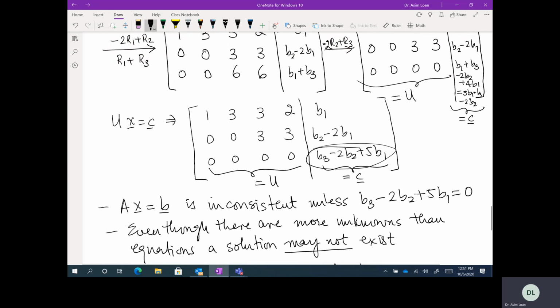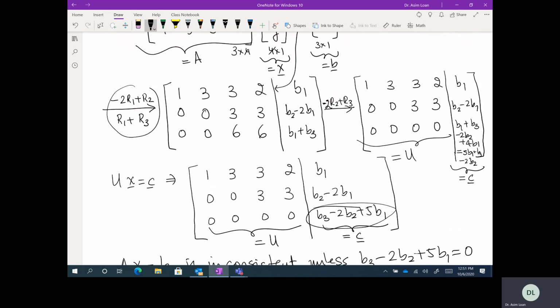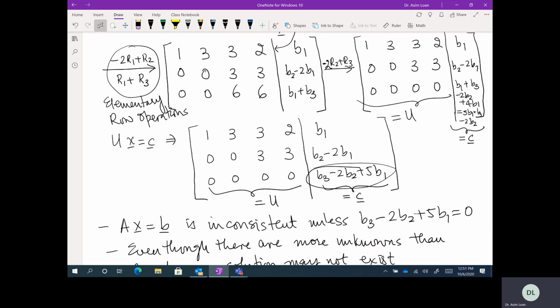Because elementary row operations change the columns. So the linear combinations of columns of U are not the linear combinations of columns of A.